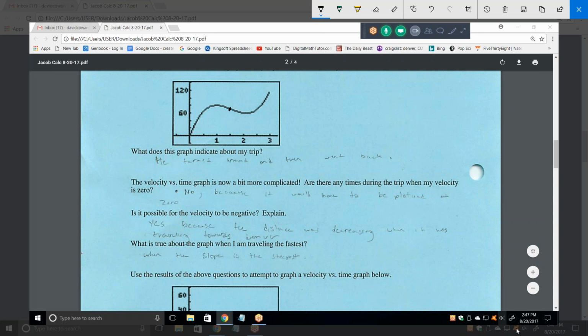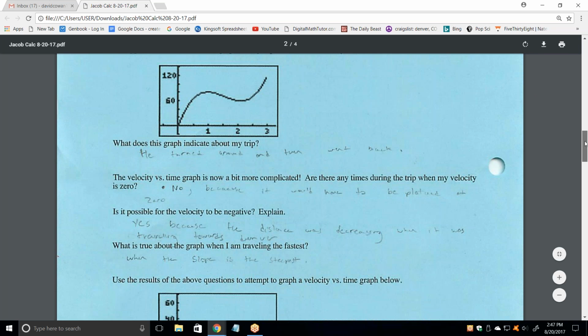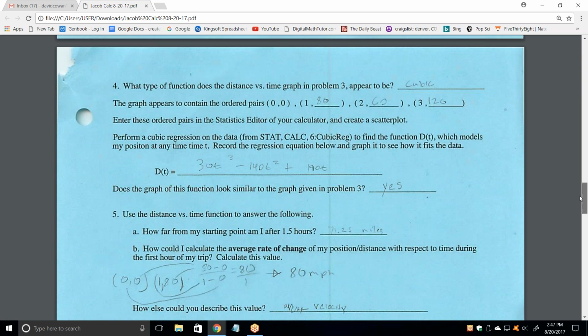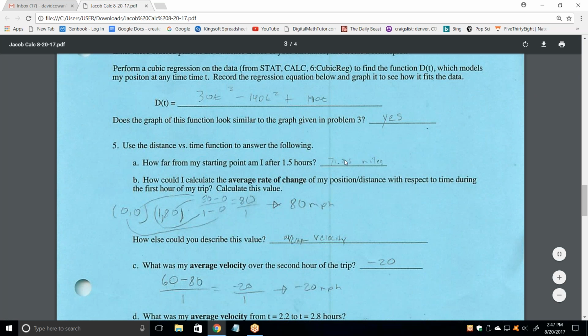And yeah, your answer of 71.2 looks correct. Now, I'm assuming you got that answer by plugging in 1.5 for t. Okay. And that's the correct way to do it, rather than doing it visually in the chart. But it never hurts to check and make sure that it agrees with your graph. So yeah, that answer makes sense. I didn't plug it into that equation, but it matches the graph.